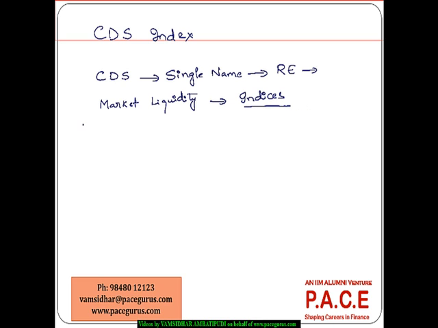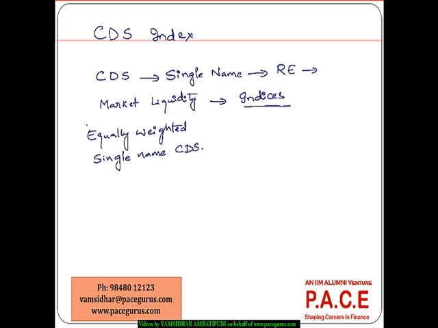Whenever we are using the word credit index, a few important things: it is equally weighted, not based on market capitalization in a very regular scenario, and it's a combination of a good number of single name CDS.